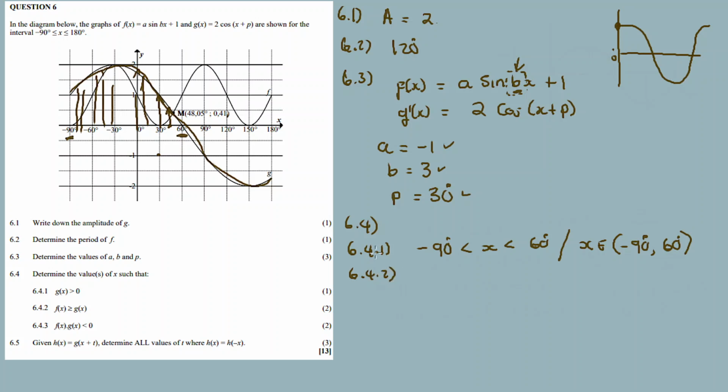6.4.2. So funeka ngi-erase lo. Sifuna all the x values ayenza ukuthi f of x abe greater or equal to g of x. So in other words, ufuna the parts of the graph or the function where f of x angaphezulu kwaka g of x.